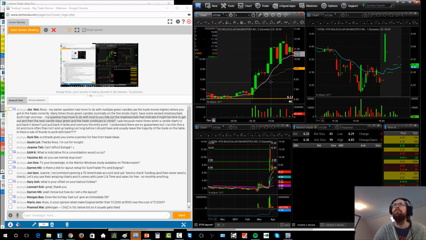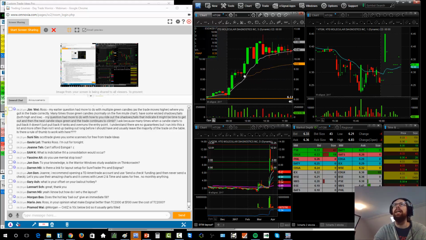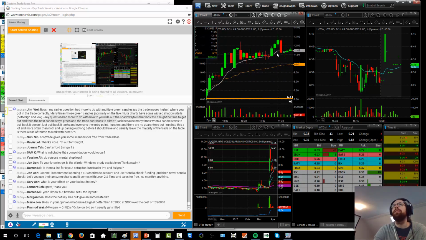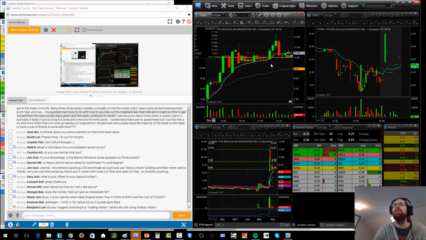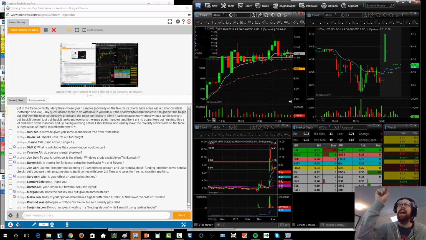This one's actually not too bad. This one, for instance. So maybe you say, oh, well, my entry point would be right here at $11. Well, this candle went all the way to $11.91, and then this one went to a high of $12.30, but had a low of 11.18, right? So that's a really big range. So inside this 5-minute candle, it squeezed up to 12.30 and dropped down to 11.18.